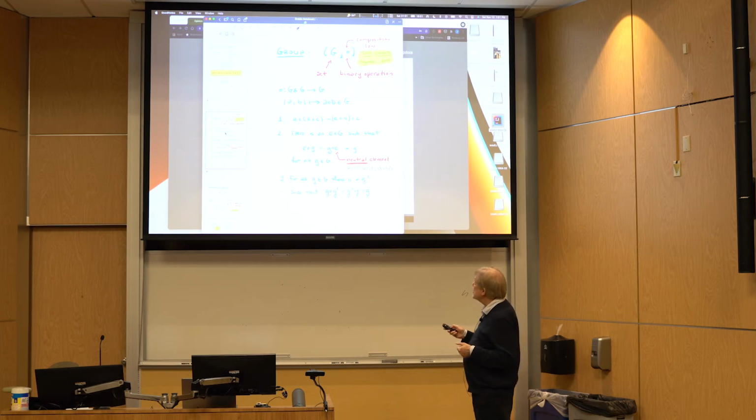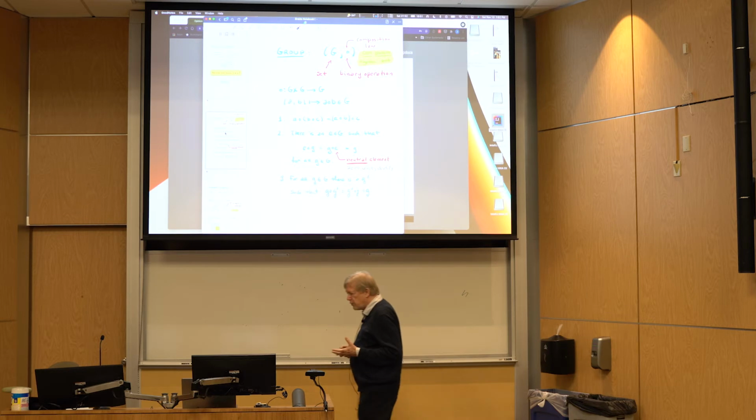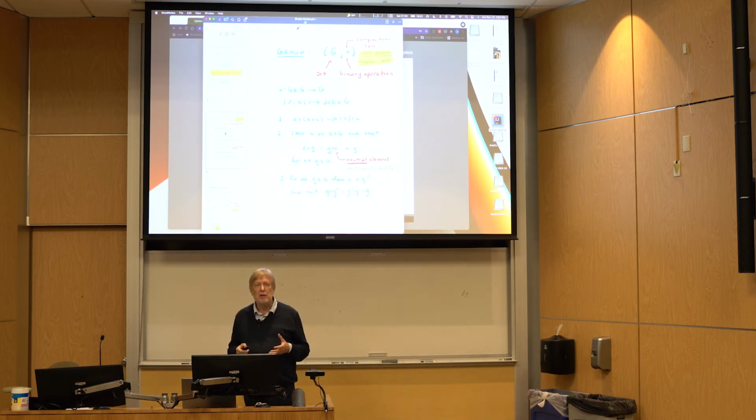And then the third and last thing is that for every element of the group, there's a companion element, G prime, such that when you multiply them together in either order, oops, another mistake, that should be E. I'll correct these when I redo my slides. So G times G prime or G prime times G is not that, but E. Just like with numbers, 2 has a companion element 1/2, so when you multiply them together, you get 1. Or 3 has a companion element -3 in the additive group of integers. You add them together, you get 0.